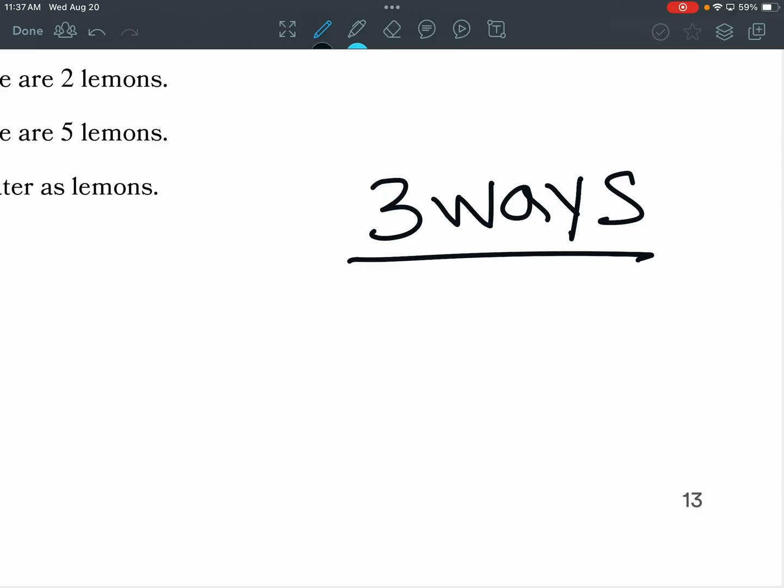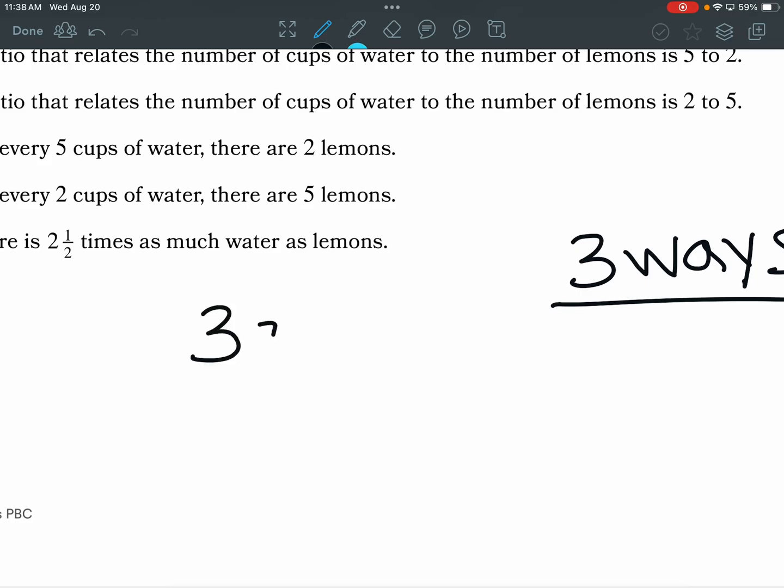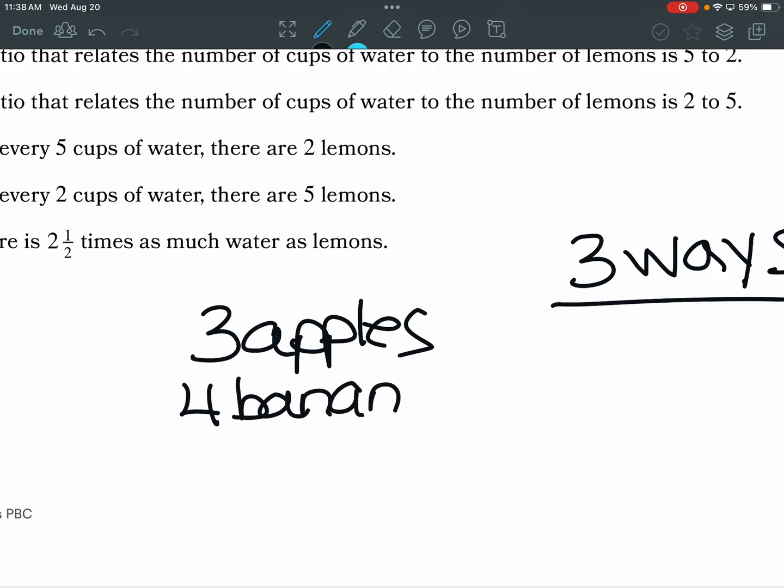All right, 3 ways. My example is I have 3 apples and I have 4 bananas. Something everybody knows what they are. Engage, Eureka, whatever you want to call it, they like to use names and places, and we're like, what is that?